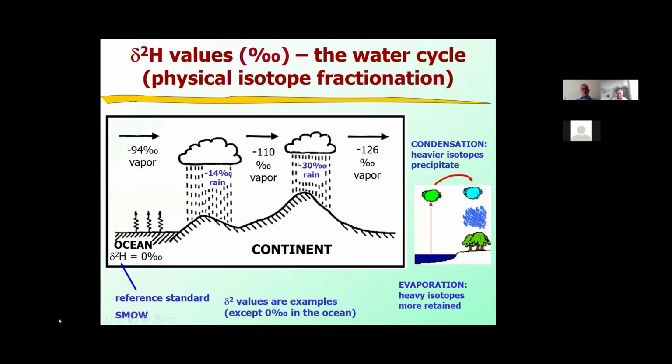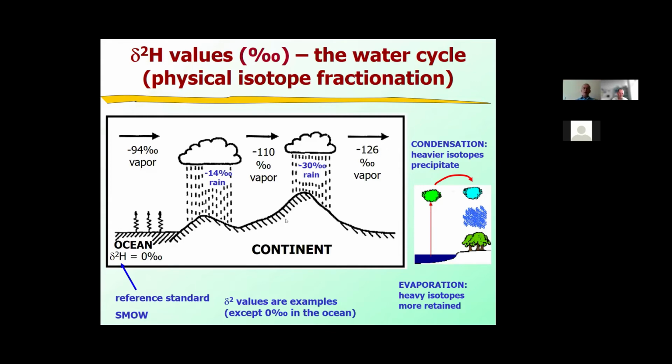So if the water is evaporated from the ocean, you have a vapor which is light in hydrogen isotopes, and then it is raining. And the more you get inland, the lighter the vapor will be. And so the more distant you are from the coast, on first approximation, the lighter the water is in hydrogen isotopes.